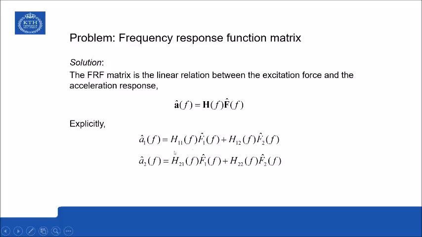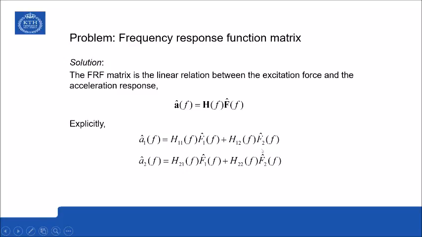And if we want to determine the H12 element, then we have to set the force F1 equal to 0 so that we can disregard this term. And then in the same way as before, we take the ratio of A1 to F2 to obtain the H12 element.